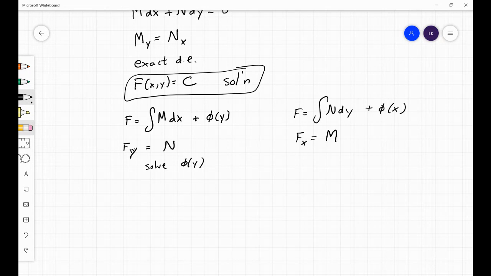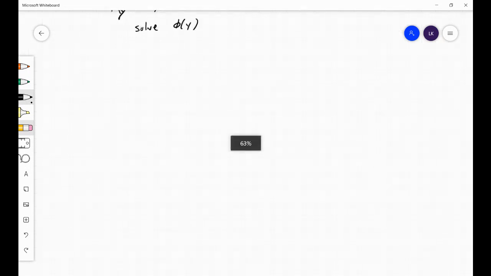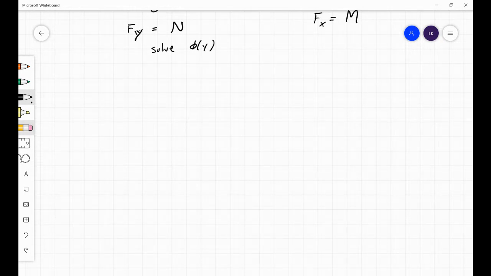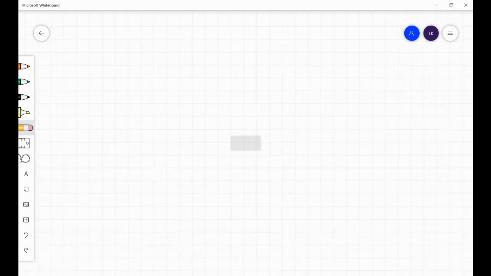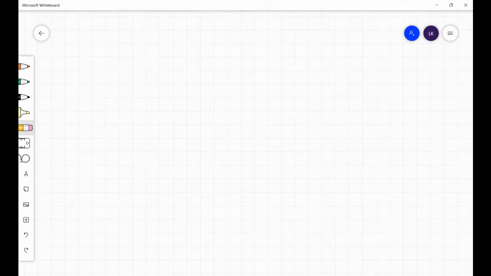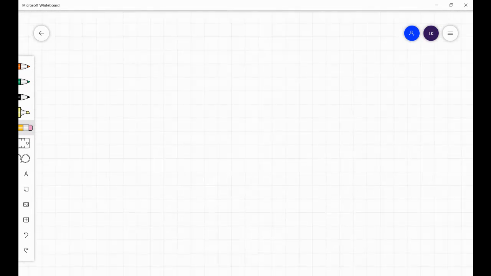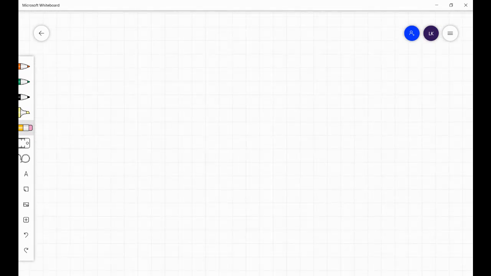So then there's this idea of, well, what if my differential equation isn't exact? Is there something I could do to make it exact? Well, yeah, sometimes you can multiply your differential equation by an integrating factor, which will turn that inexact differential equation into an exact differential equation.